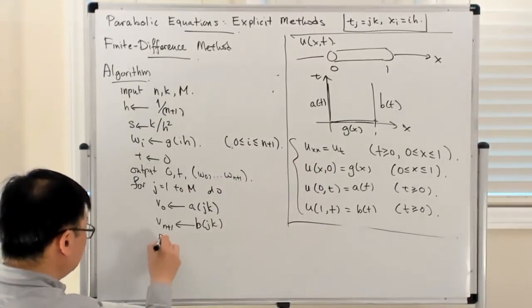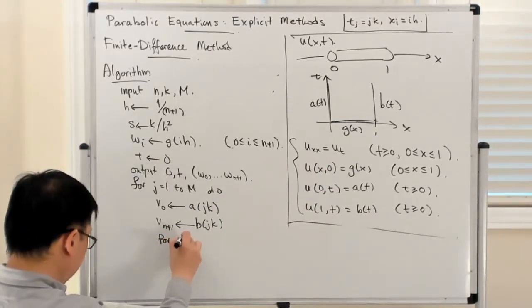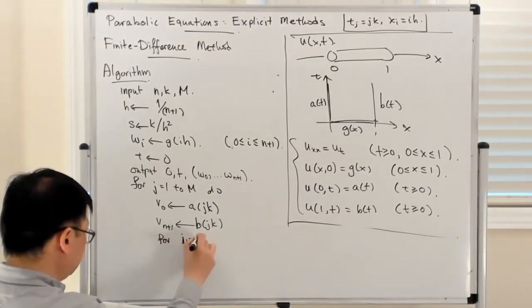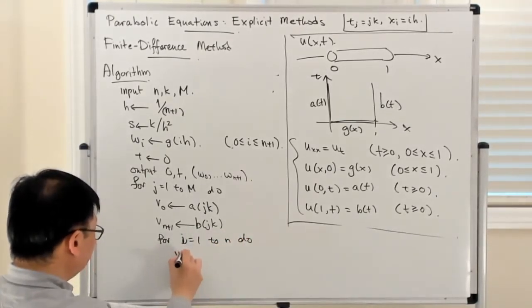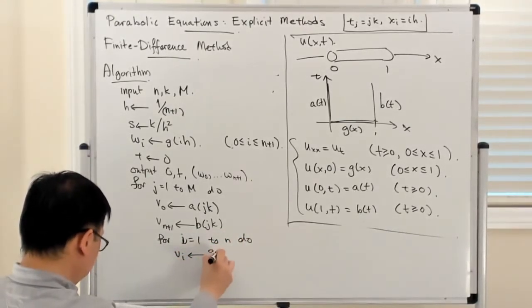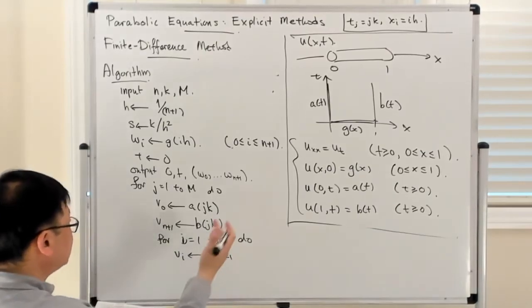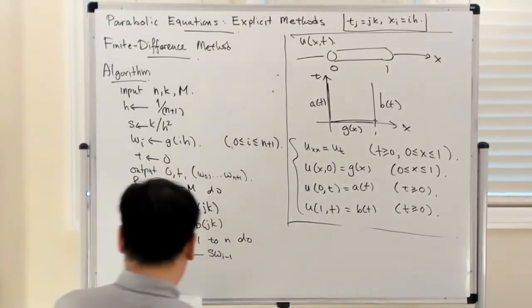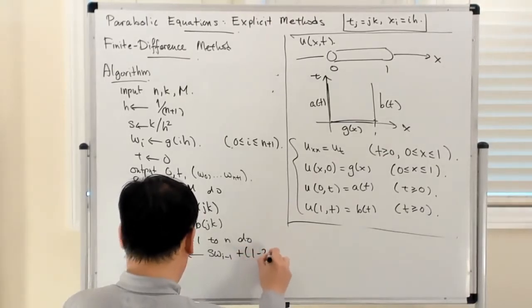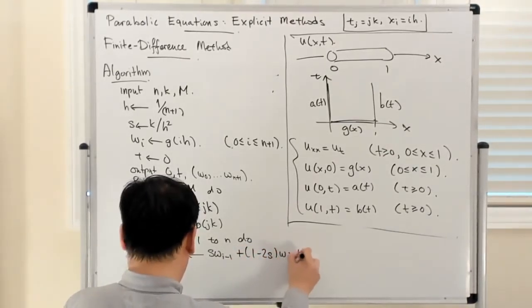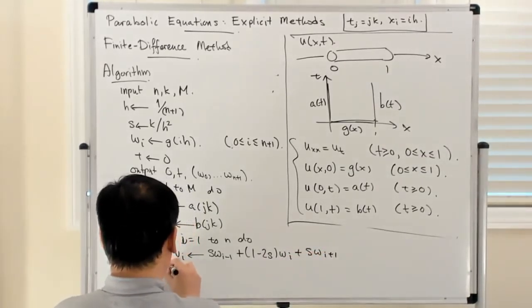Then I do the update for i equal to 1 to n. You do the following: v_i is s w_{i-1}, where w is the data at the previous time, plus (1 minus 2s) w_i plus s w_{i+1}. So you end the do.